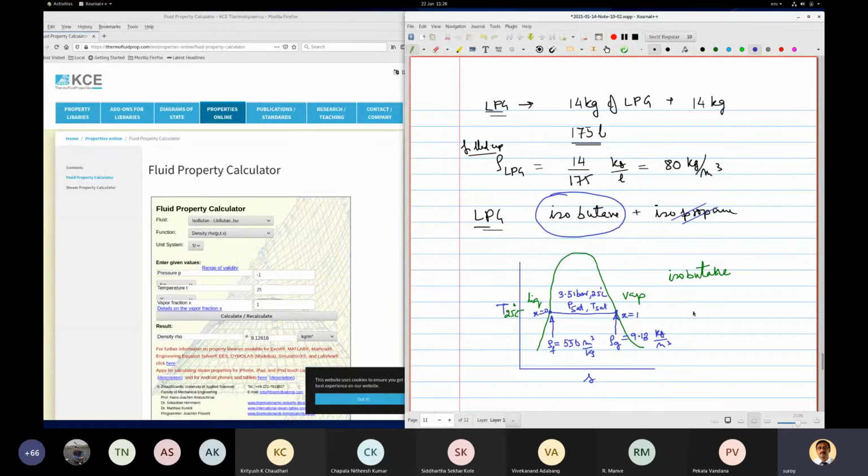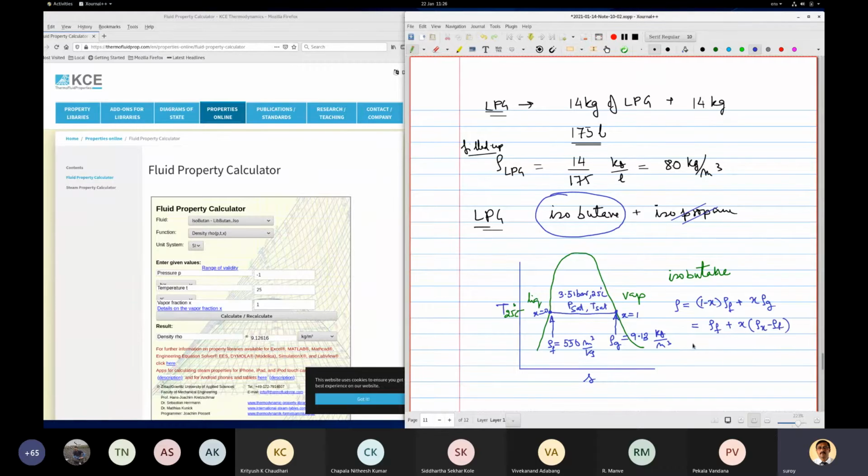So let us check. Our rho is (1 minus x) rho F plus x into rho G, right? Okay. So that is equal to rho F plus x into (rho G minus rho F).